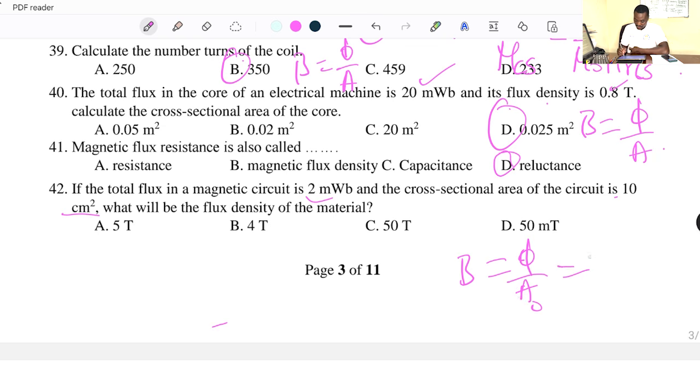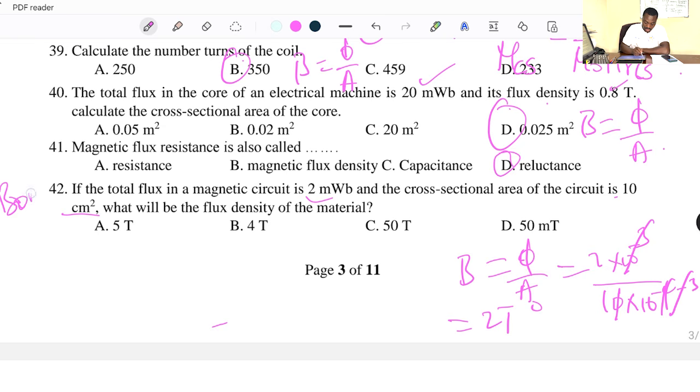That means I have 2 times 10 to the power minus 3 over the area, 10 centimeters squared, which is 10 times 10 to the power minus 4. So here, this will cancel one of these. We have 10 to the power minus 3, so this and this will cancel. We should have this equal to 2 Tesla. So here the answer wasn't there, so this was given as a bonus.